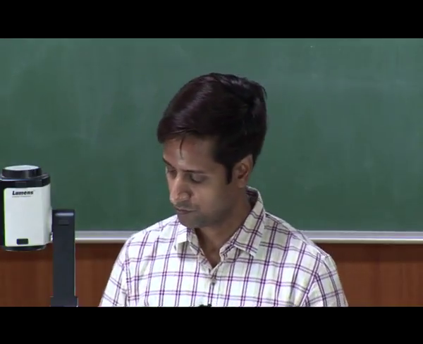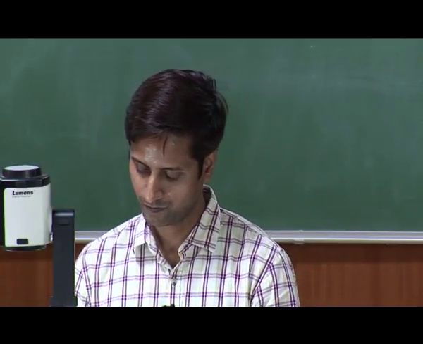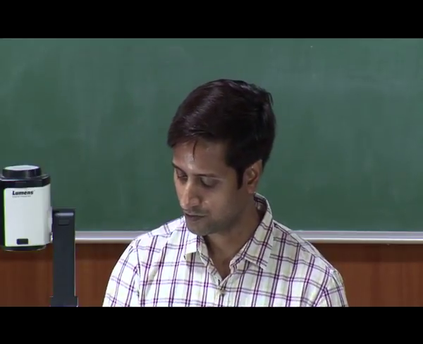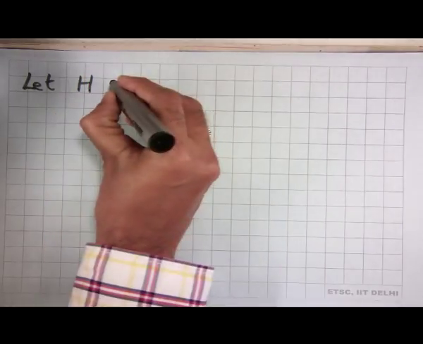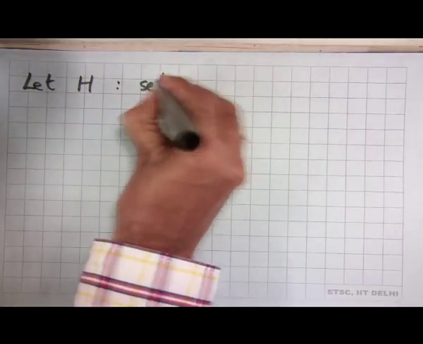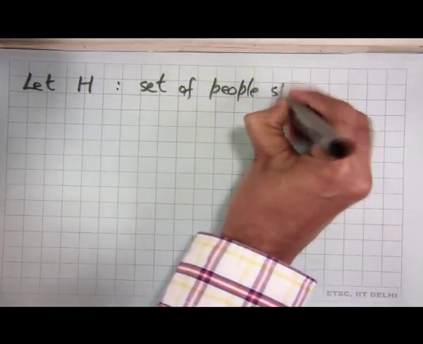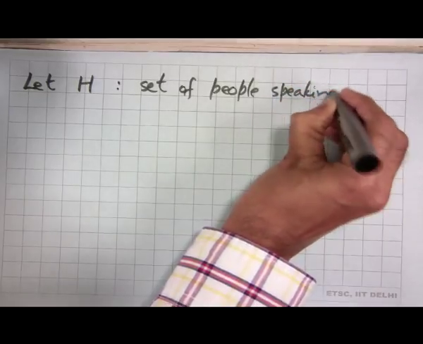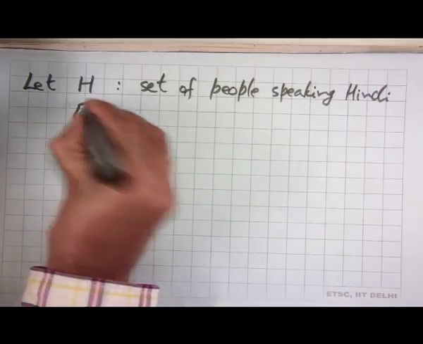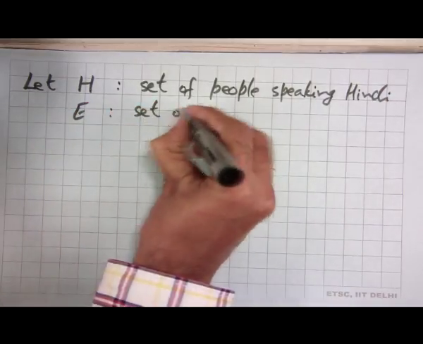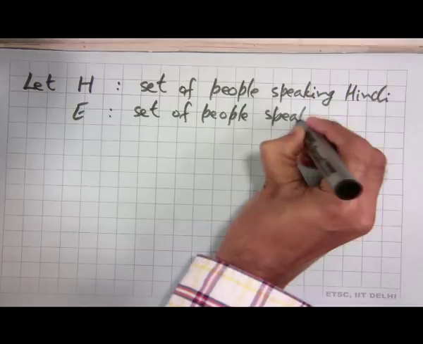Okay, so what we have to do, so let H be the set of people speaking Hindi, E is the set of people speaking English.